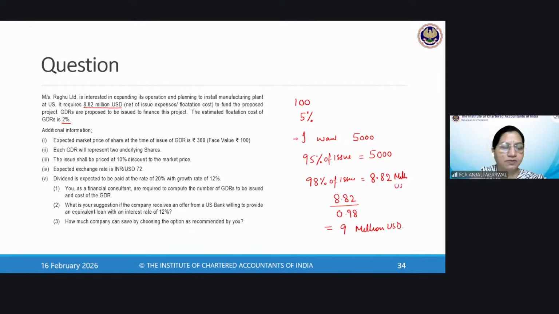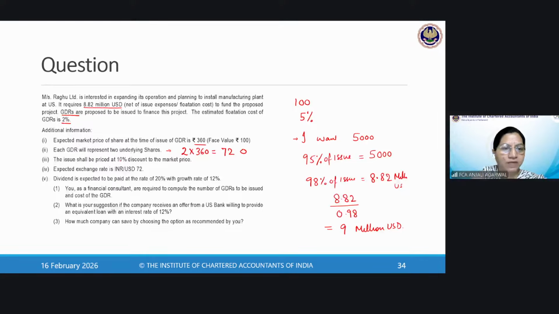Additional information is also given. You are going to issue the project through GDRs. The market price of the GDR is 360, whereas the face value is 100. Each GDR will represent 2 underlying shares. So 2 into 360 is the price of each GDR, which is 720.